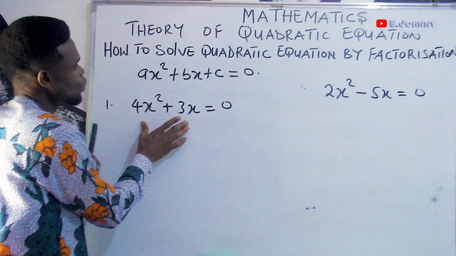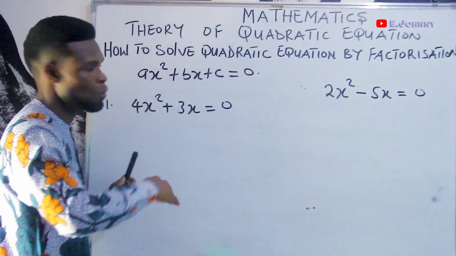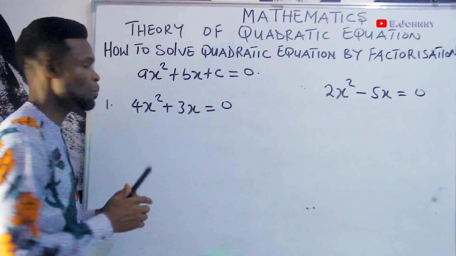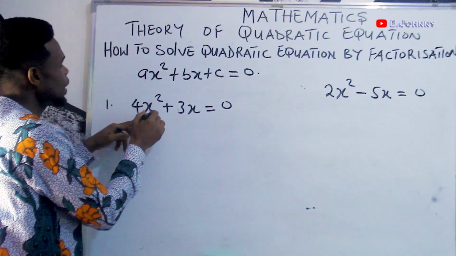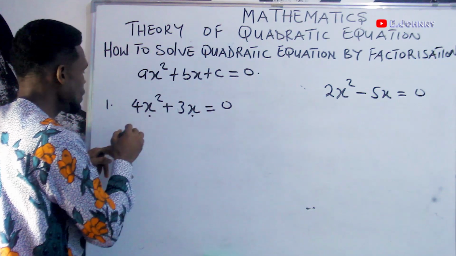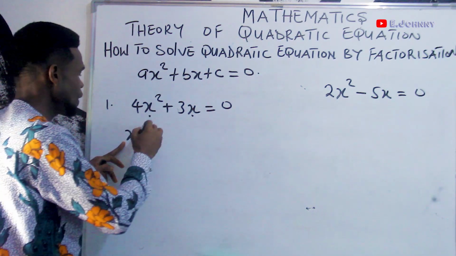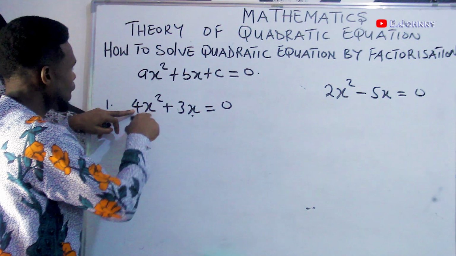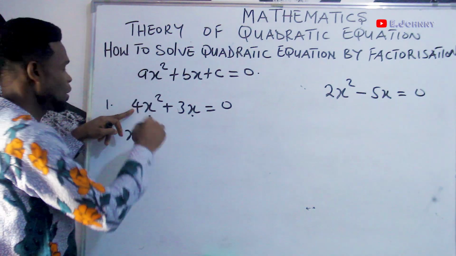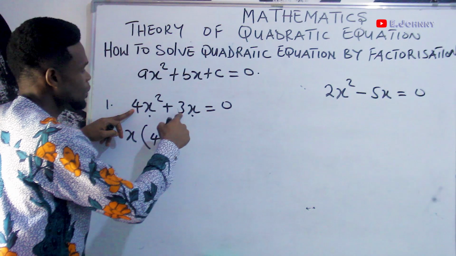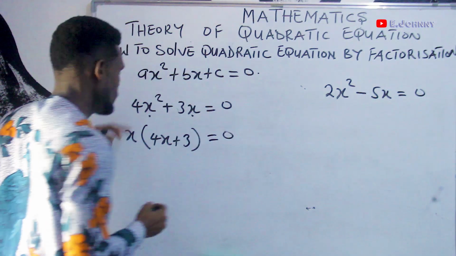But this is not complete. So what do you do? You just go ahead to factorize. Very simple. So now if you look at this, you see that x is common here, x is common here. You factor out x into what is left here is 4x. You know you have brought out 1x. So 4x is left plus 3 equals to 0.